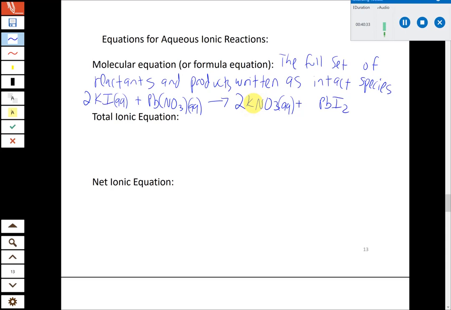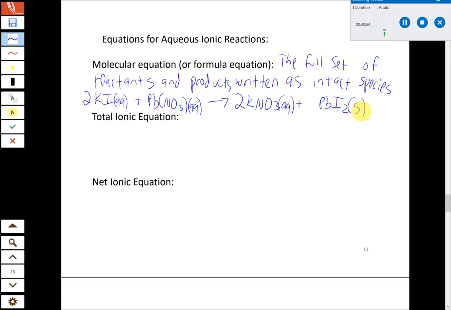For lead iodide, remember that lead compounds are almost always insoluble unless nitrate is the anion. So lead iodide is insoluble by the solubility rules we just covered, and we put a little s next to that to indicate it's no longer dissolved but forms a solid precipitate.